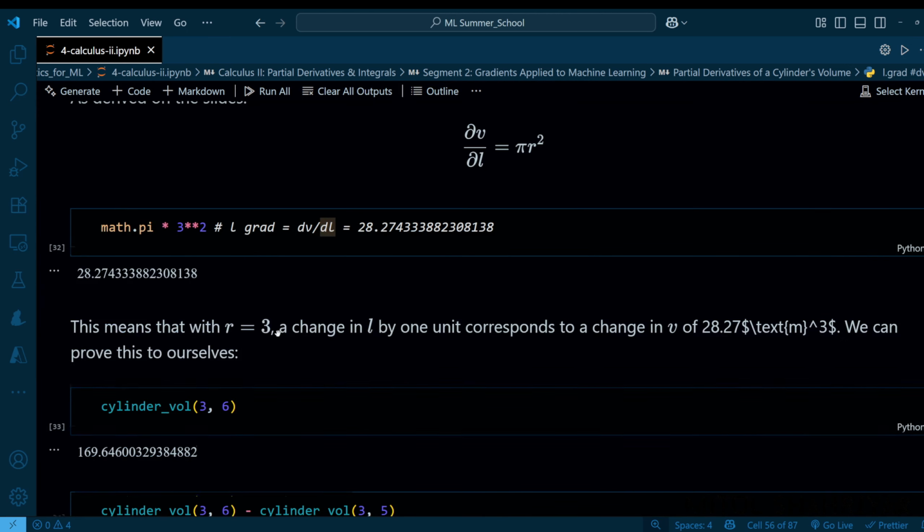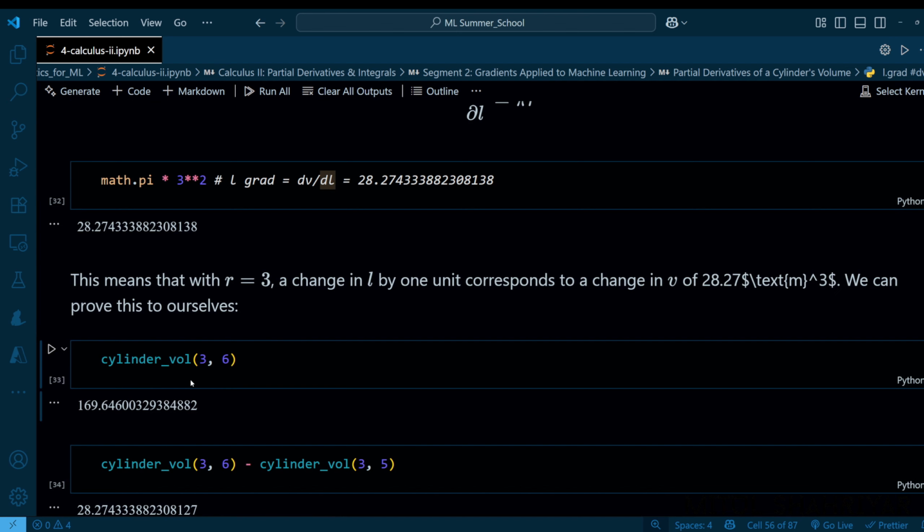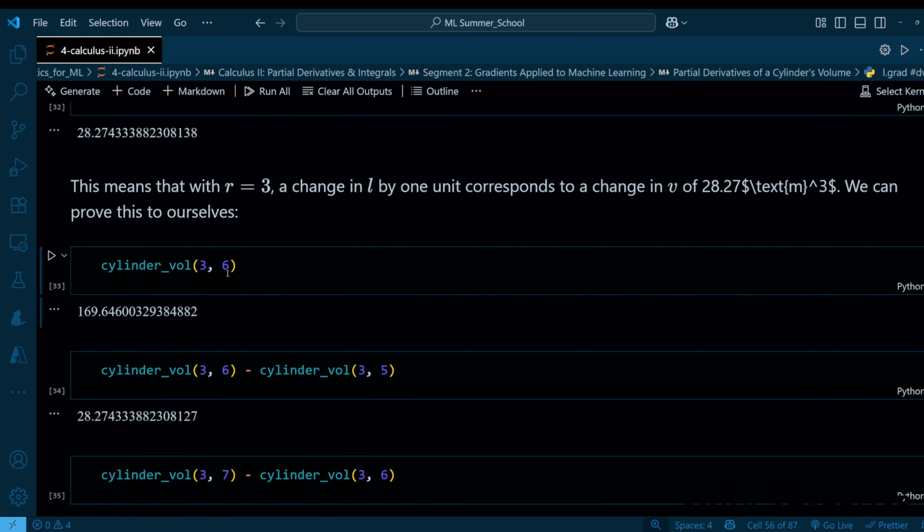Basically, what do we mean by dv by dl? You can see the linear volume from 3 to 6, so 3 is r, l is 6, right? So r is fixed here, and for r 3 and l 6, we have this kind of cylinder volume. Here you see the radius is fixed, but if you decrease the length from 6 to 5, the difference in volume is basically 28.7.